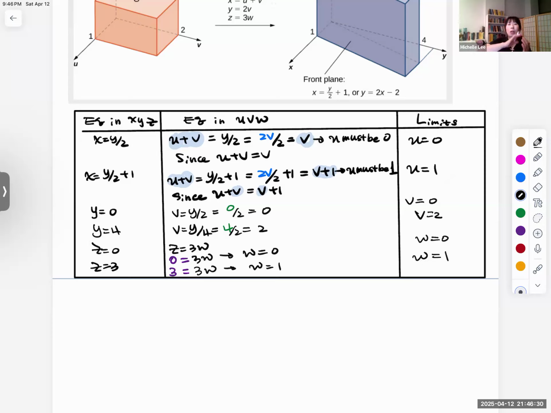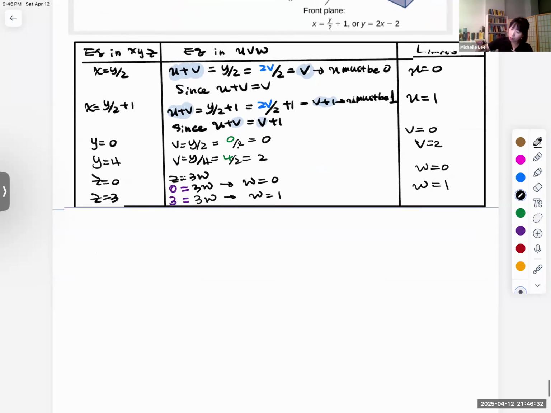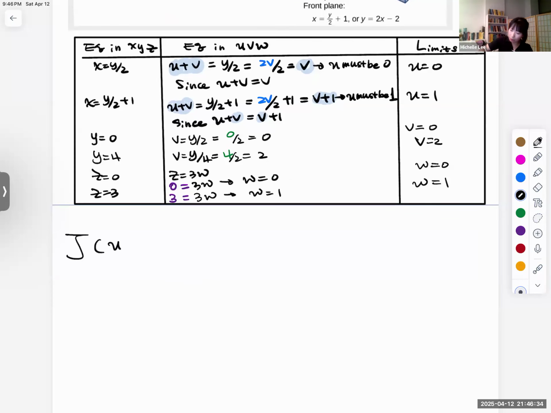Okay, now the Jacobian, right? So we do the Jacobian with respect to u, v, w. Okay, we change it to this form.